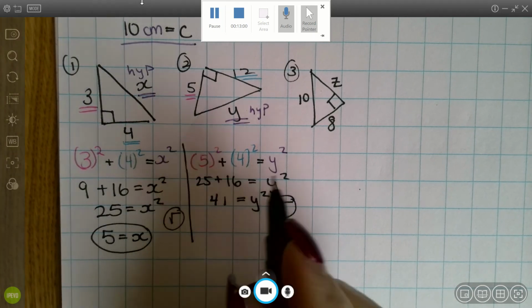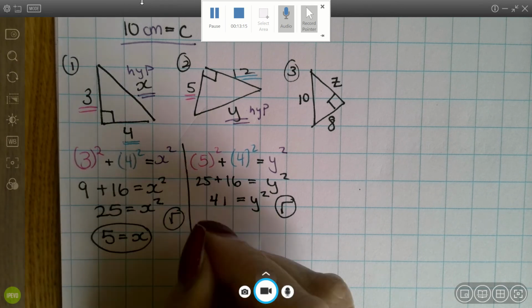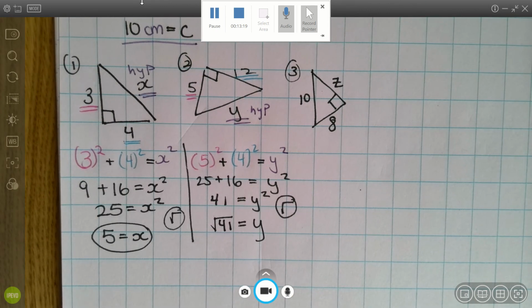And we square root it. And, square root of 41. I don't remember seeing that in our list. And that's because sometimes our answers will not be perfect squares. So I can just leave it as the square root of 41 is y.